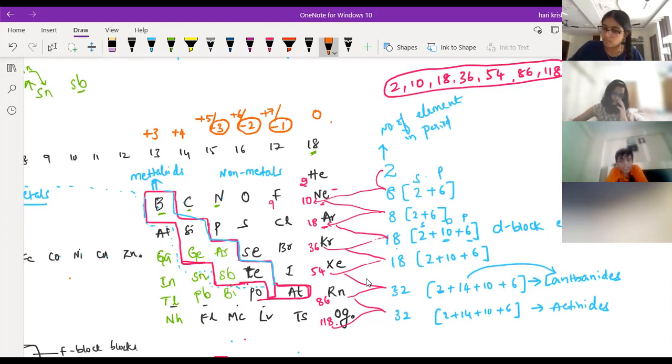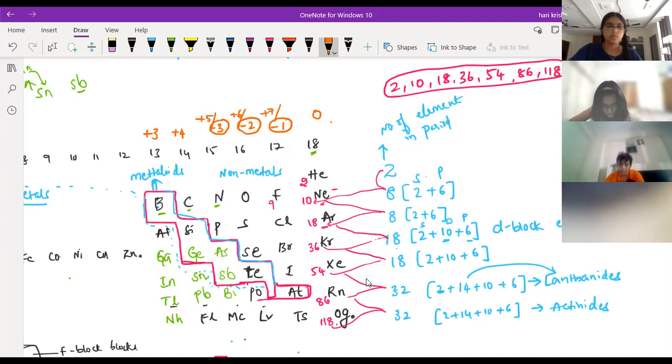If I ask, what is the formula for aluminum oxide? Al2O3. Magnesium bromide, check the formula. MgBr2.